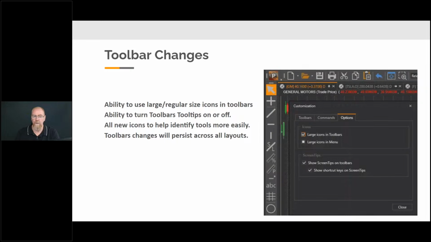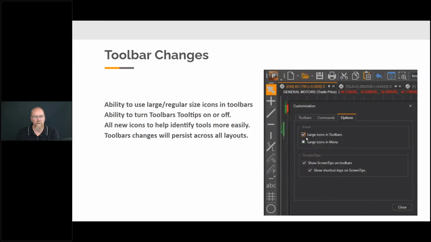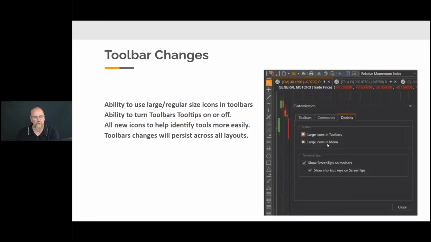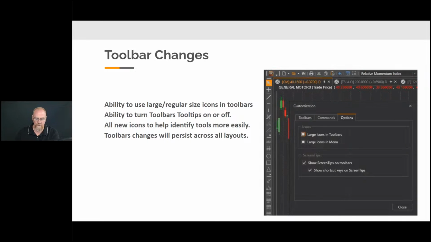So if you want the smaller icons or the larger icons, you can change those in this customization tab. You can see where you can check whether it's large icons or large icons in the menu and all those things. And so now you can more easily see what you're looking at with your MetaStock buttons and your menus. Nice update there.